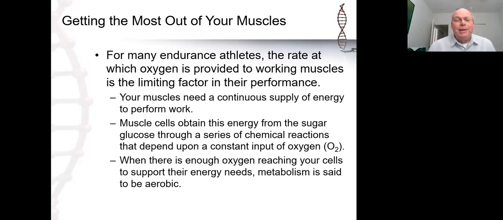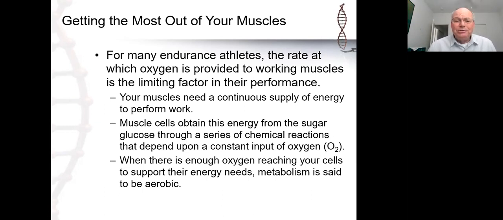The other big thing, of course, is that there is a requirement for oxygen. And so we refer to what cells normally do as aerobic metabolism or aerobic cell respiration, because there is this requirement for oxygen to maximize the energy output by burning the fuel molecules, whatever they happen to be.